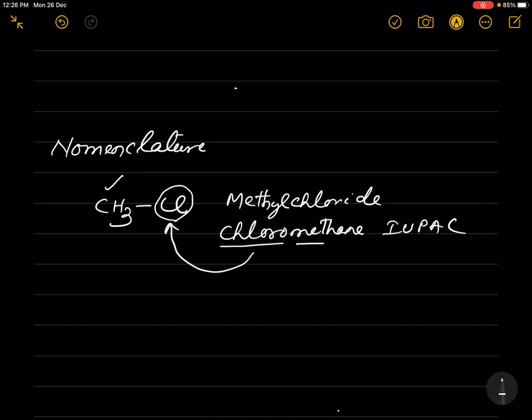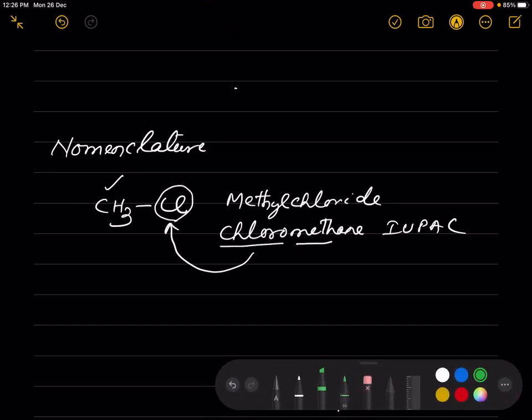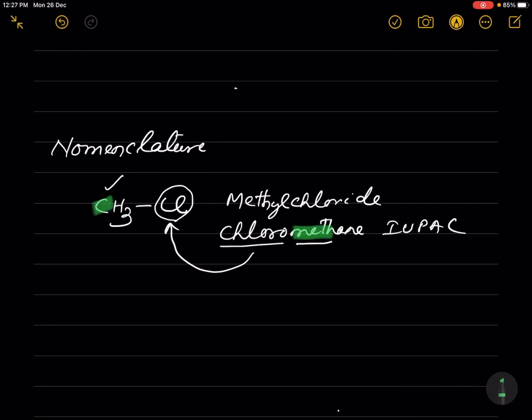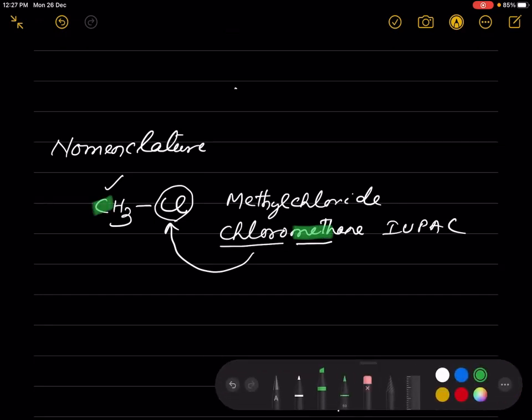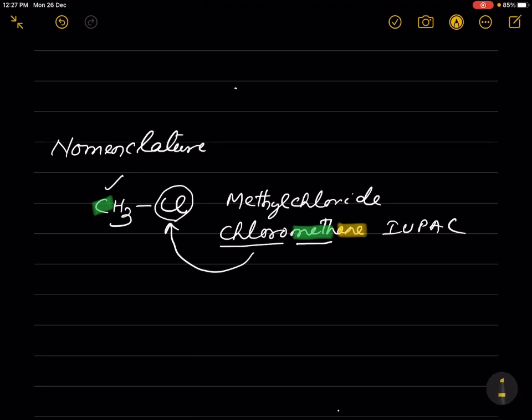Meth means it contains one carbon atom, and ane means it is a derivative of alkane.